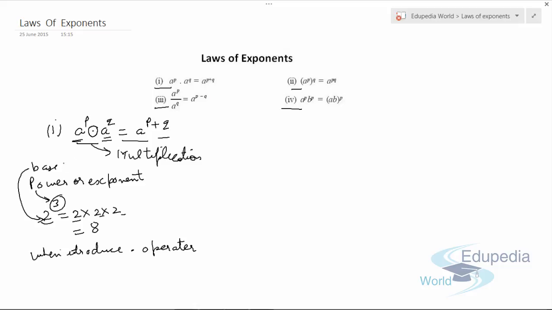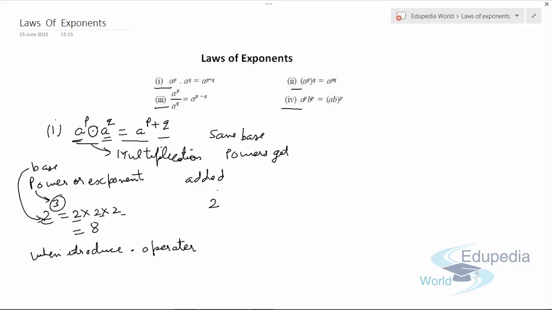So the first law is a raised to power p into a raised to power q equals to a raised to power p plus q. Means whenever we have same base, the powers get added. Let me clear this law with example.